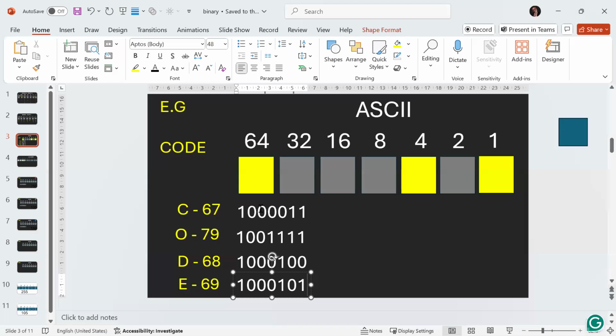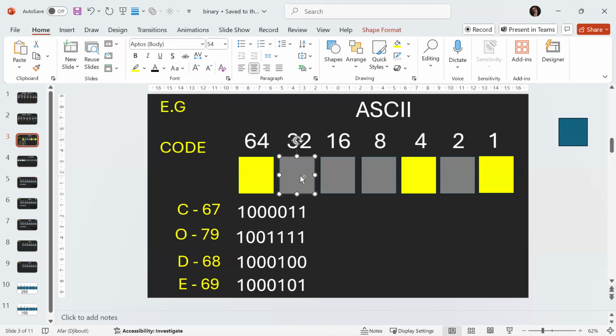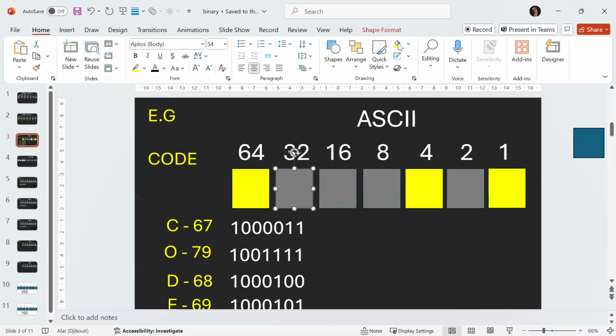I want everybody to check, if I turn on all of them, on this, on this, on this, and on this, everybody, if I turn on all of them, what number do you think it will be? Because now everything is on. So you're going to do 1 plus 2 plus 4 plus 8 plus 16 plus 32 plus 64. Somebody will give the answer. Okay, so 128. Good.